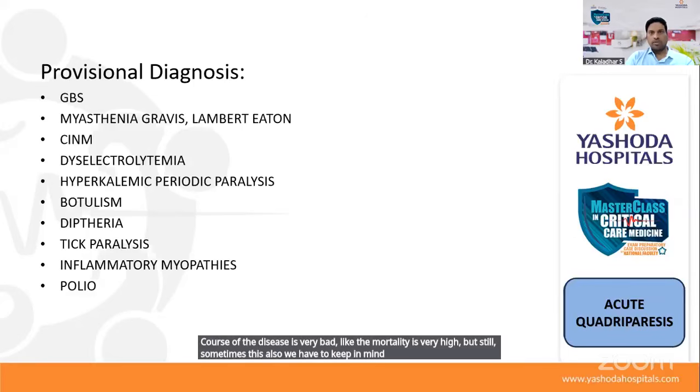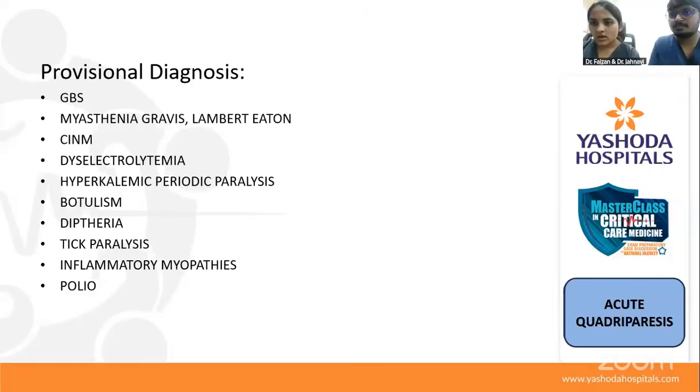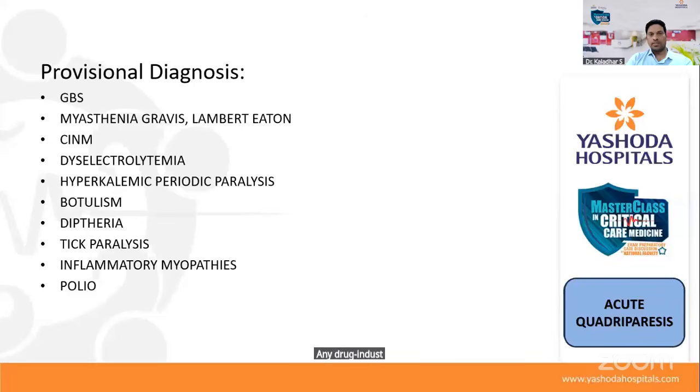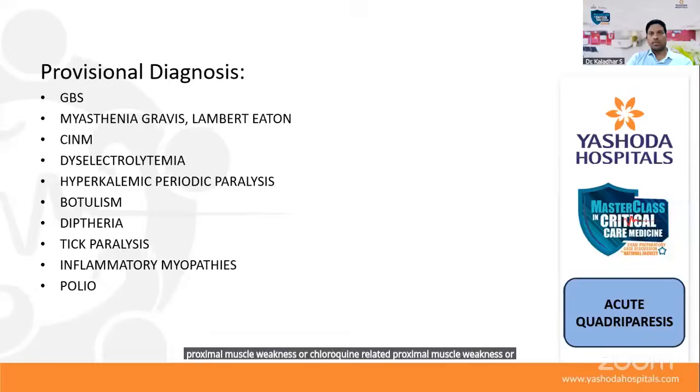So what inflammatory myopathies will you suspect? Even dermatomyositis, inclusion body myositis. Any drug-induced myopathies? Drug-induced, yes, sir. Amiodarone-related proximal muscle weakness, or chloroquine-related proximal muscle weakness, or gold.